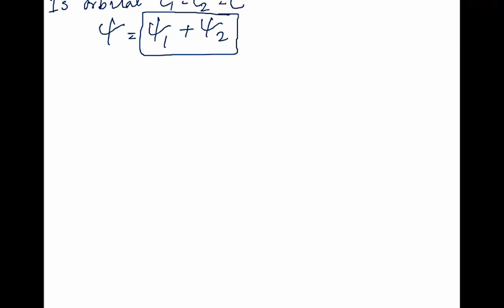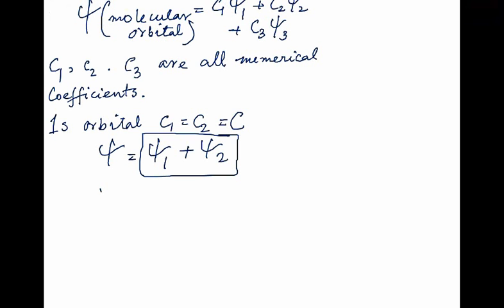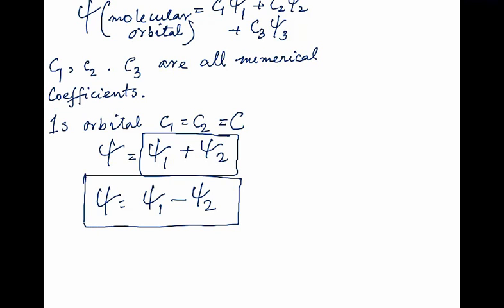When the signs of the wave functions of the interacting 1s orbitals are different, the wave function of the molecular orbital is psi equal to psi1 minus psi2.